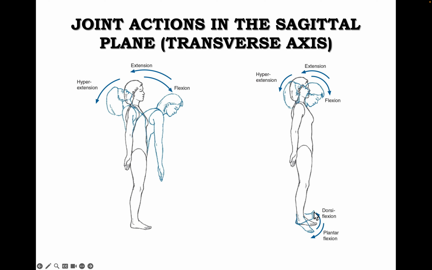Dorsiflexion, foot comes up. Plantar flexion, I think about plants coming from the ground, therefore I'm pushing my foot into the ground. Plantar flexion is the foot pushing down. So all these movements, flexion and extension, dorsiflexion, plantar flexion, all occur in that sagittal plane, which means they all have a transverse axis of rotation.